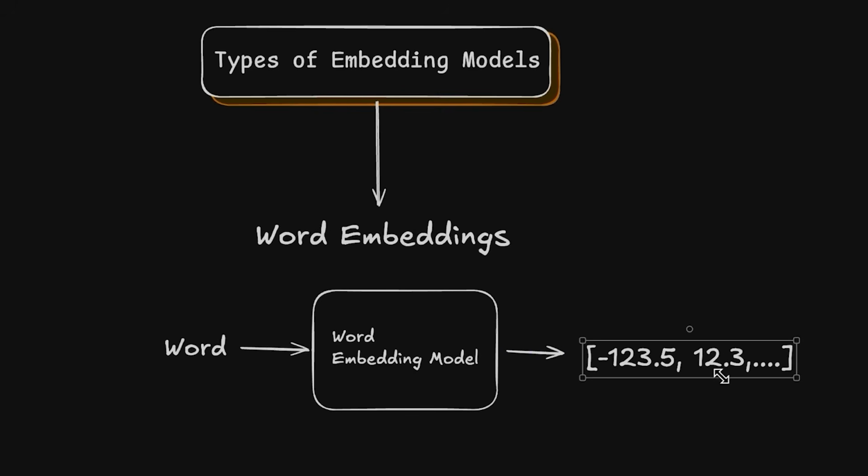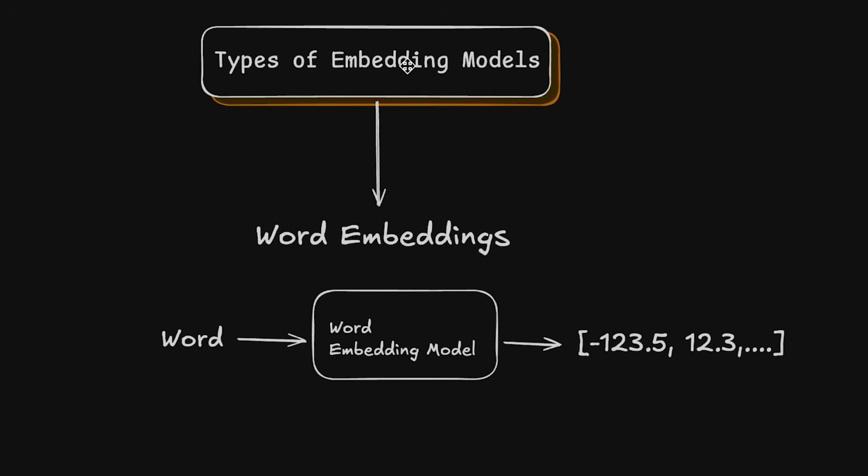Some popular examples of word embedding models are word2vec, and another example I can think of is GloVe. These are the two popular word embedding models that we have.